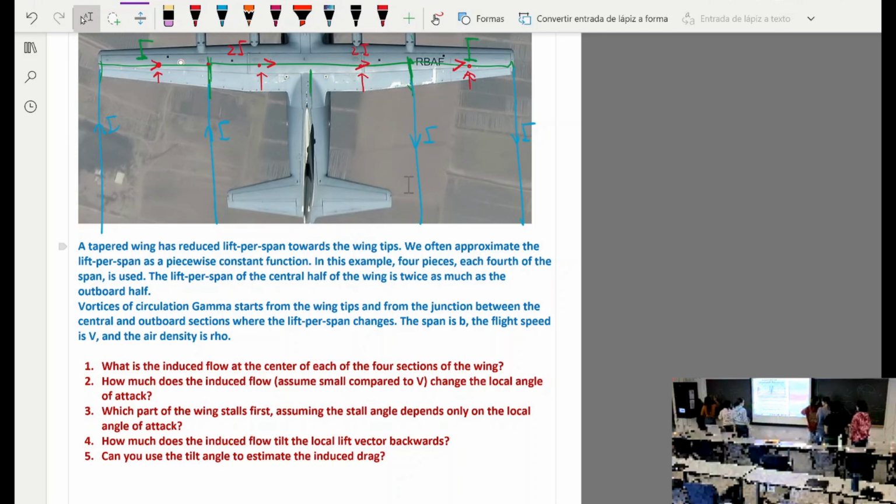How much did you already do that, right? I mean, it tilts it a negative amount backwards.